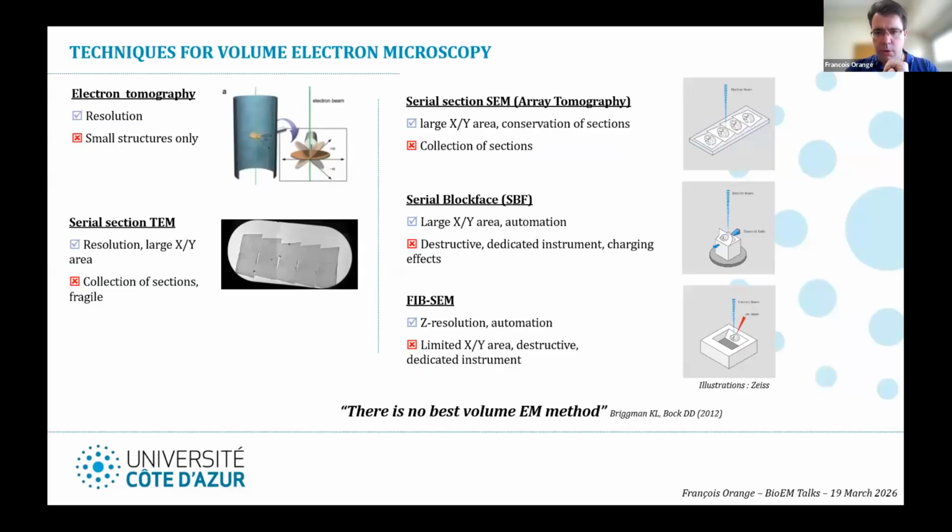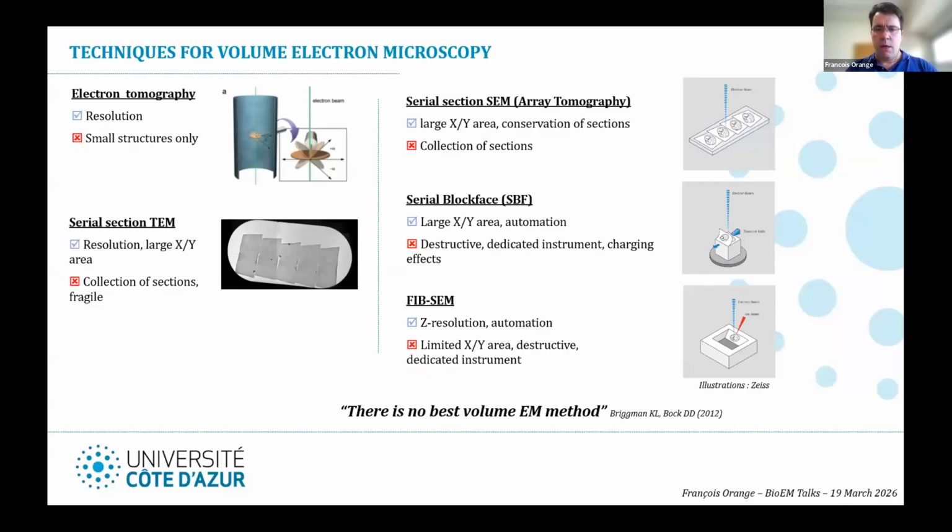On the left, you have the historical one, like electron tomography, but only suitable for small structures. You also have serial section TEM, where you have a nice resolution, but the collection of sections will be tricky and the overall grid will be fragile.